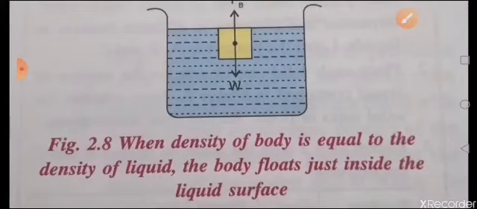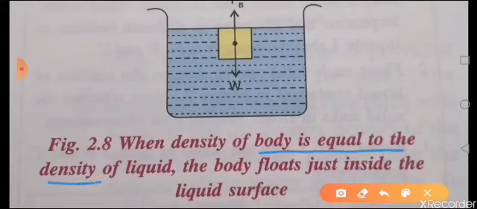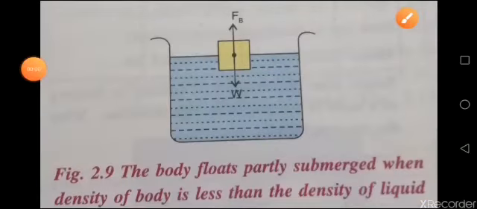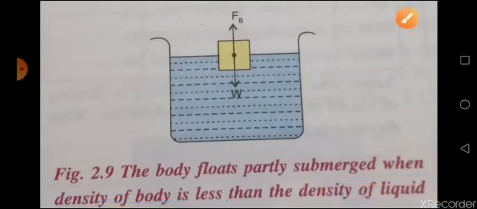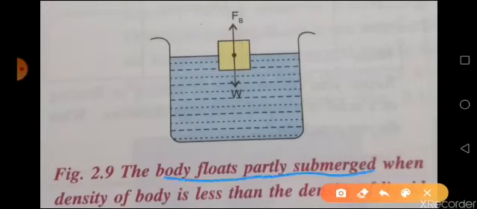Now, the second condition is that the density of the body is equal to the density of the liquid. In this case, the body will just float inside the liquid, like this. Clear? Now, this is the third possible condition, that is whenever the density of the body is less than the density of the liquid. In this case also, the body will float, partly submerged.